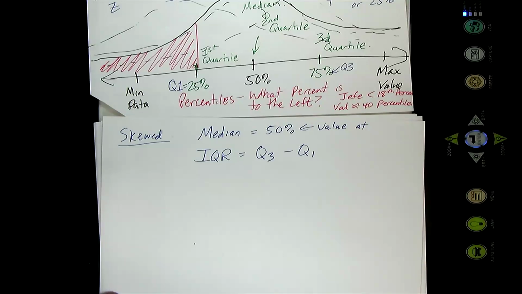It's handy because we literally need all three of those things, the median, Q3 and Q1, for the 5-number summary, which shows up in the box plot.